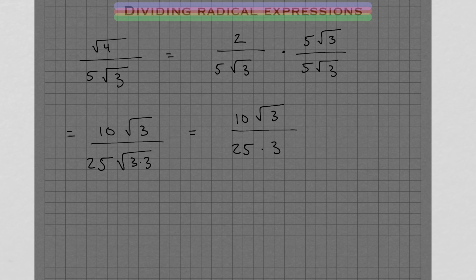At this point we can do a little canceling. 10 and 25 are each divisible by 5, so 10 divided by 5 gives us 2, 25 divided by 5 gives us 5. So here we get our answer, 2 times the root of 3 divided by 5 times 3, which is 15.